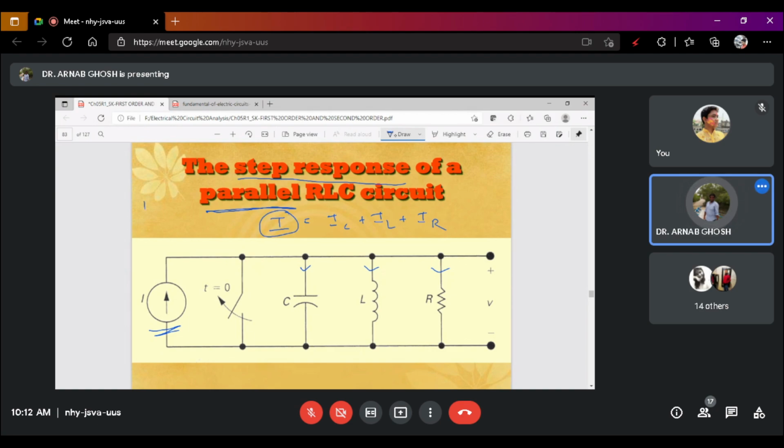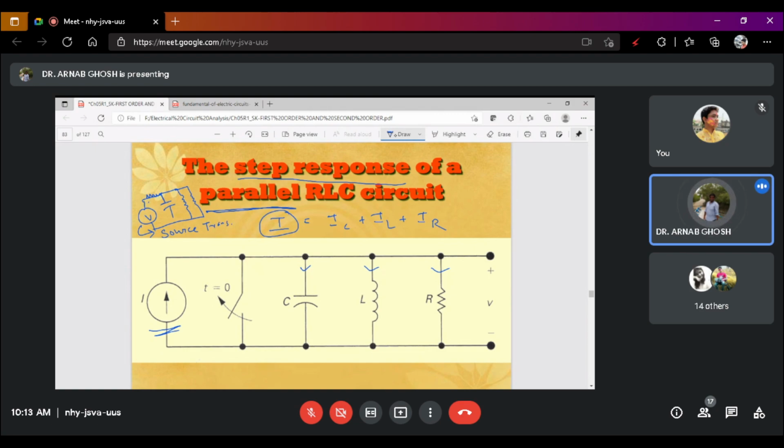Now what happens if there's a V source? Say you have been given a V source and a parallel circuit. What will you do? The potential is the same across the branches.